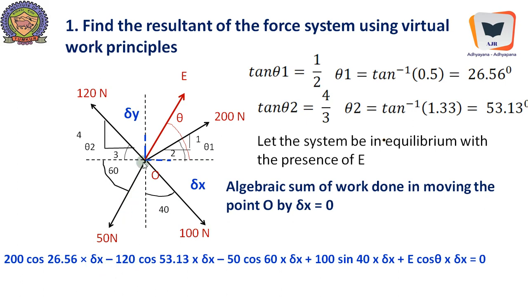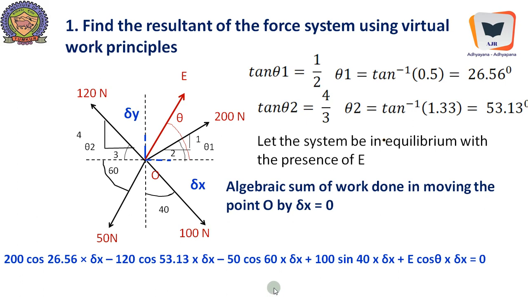While for 120, the horizontal component goes towards the left with an angle 53.13, therefore this is 120 cos 53.13 into del x. Del x is positive, but the force component is negative. And here again 50 cos 60 is also negative, going towards the left.